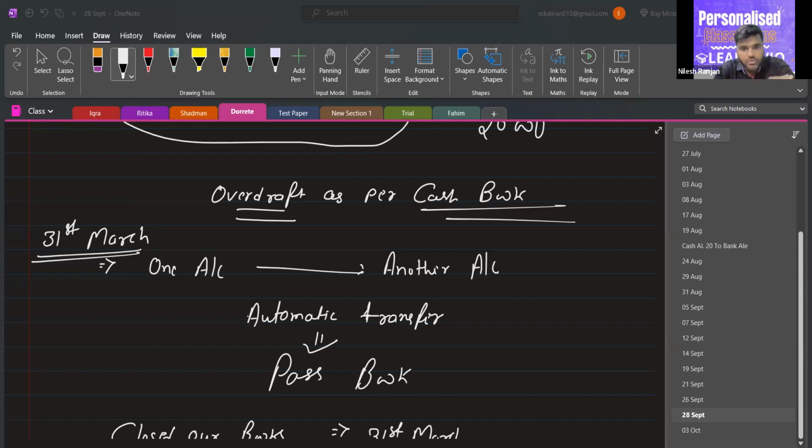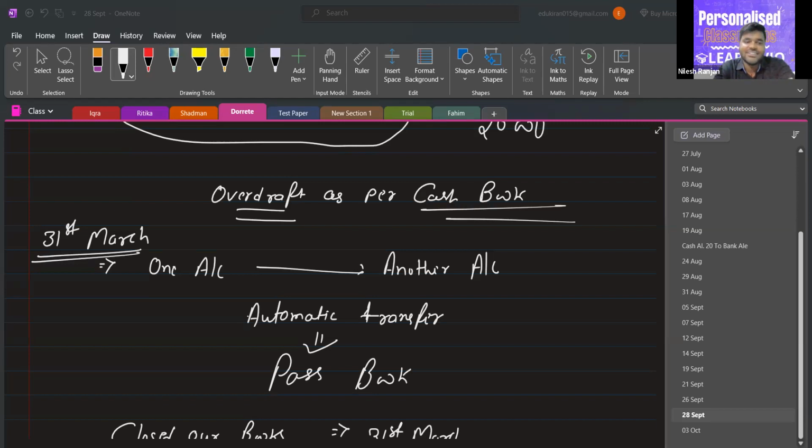Transfer of funds from account number 2, this we have already discussed. Check issued prior to March 31st, 2017, but not presented until after that date for 7,429. Bank charge debited by bank not entered in the cash book for 200. Interest debited by the bank not entered in the cash book 580. Yes. The point number 6.